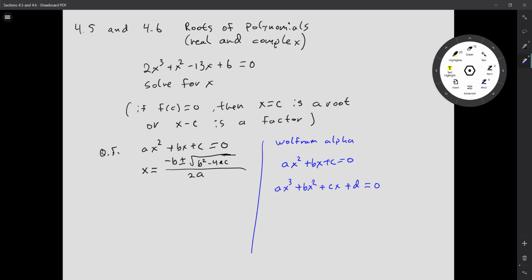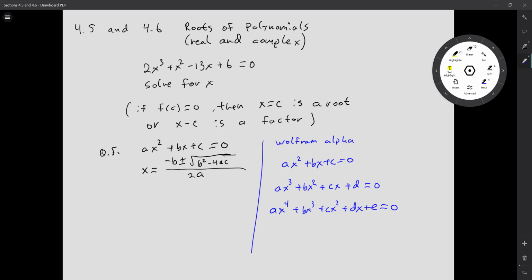And just for fun, you can also do this up to the 4th degree, and you will also get a formula for the solutions, which is going to be even bigger than the one for the cubic, or degree 3 polynomial.